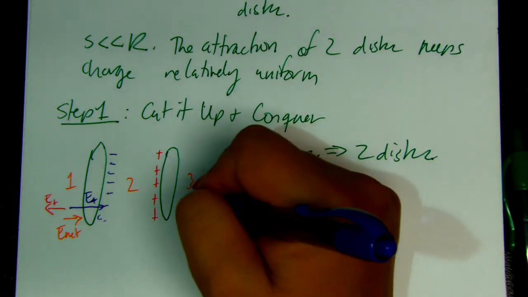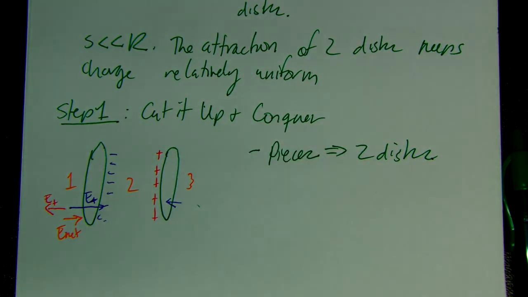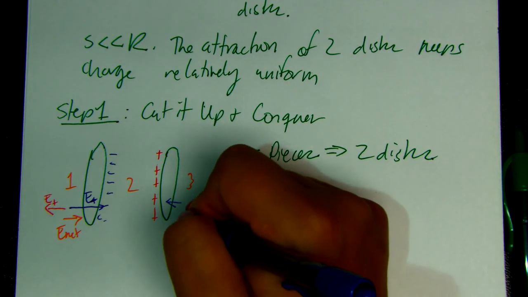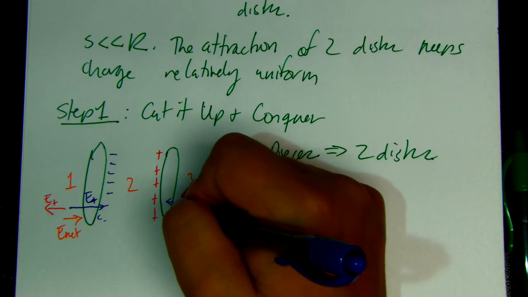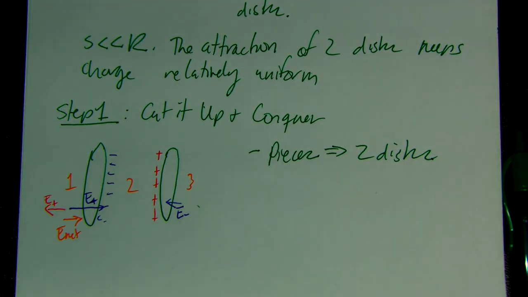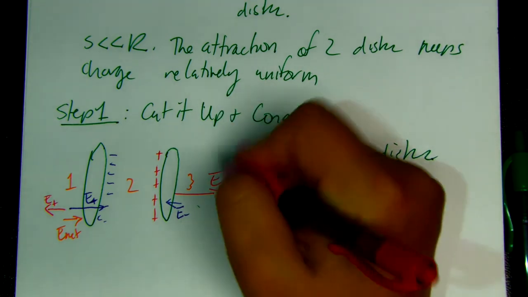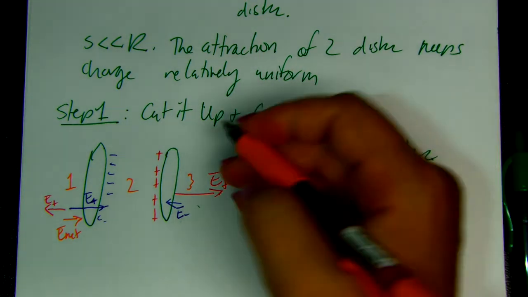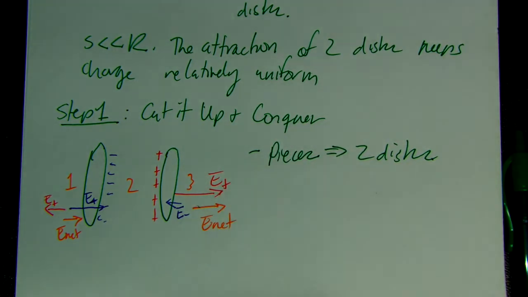So once again, we've got our negative field, which will be smaller and pointing in the direction of the negative disk, and then we've got our positive field, which is going to be radiating out, and it's going to be bigger. And so our net field, once again, is going to be pointing to the right.